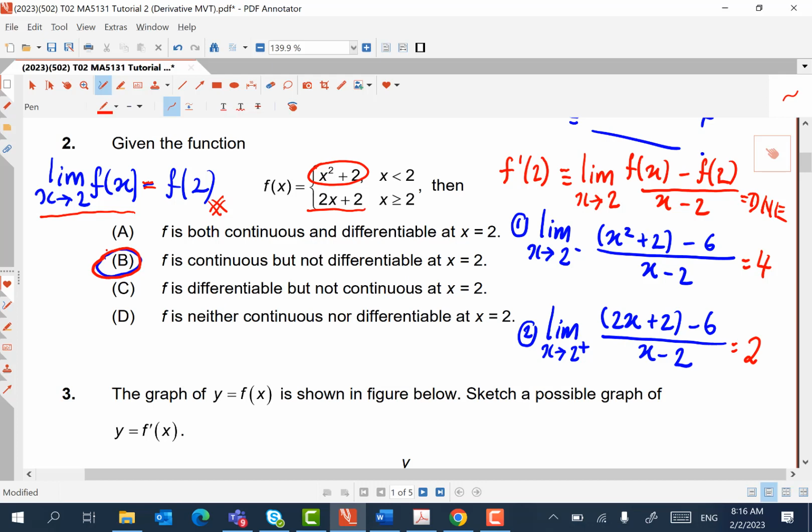You must always remember, to check whether or not it is differentiable at a particular point, you really have to do it this way. You cannot try to find shortcuts. You must refrain from using whatever shortcut they thought is valid.